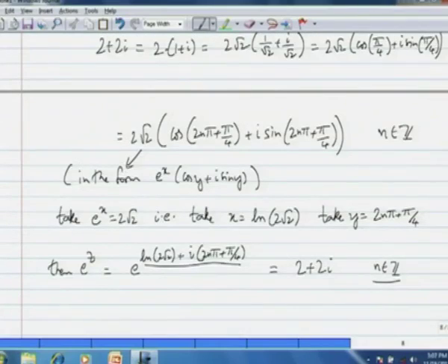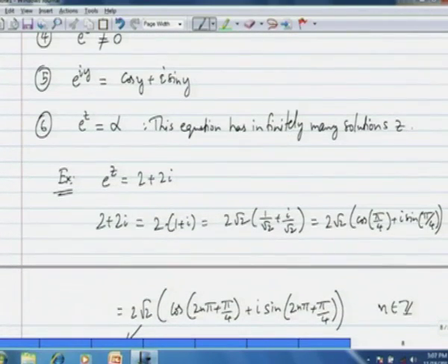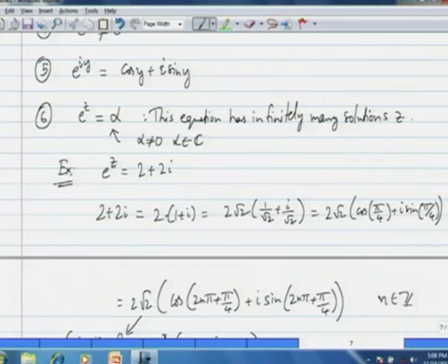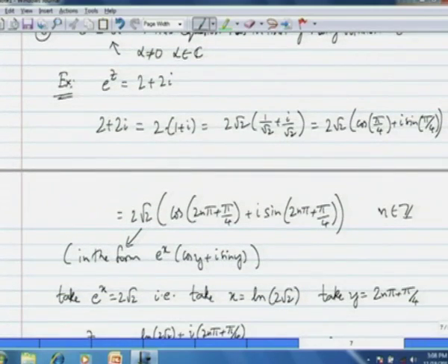Likewise, this procedure can be repeated for any non-zero complex number alpha. I should say alpha not equal to 0, alpha belongs to C, because e power z is not equal to 0.